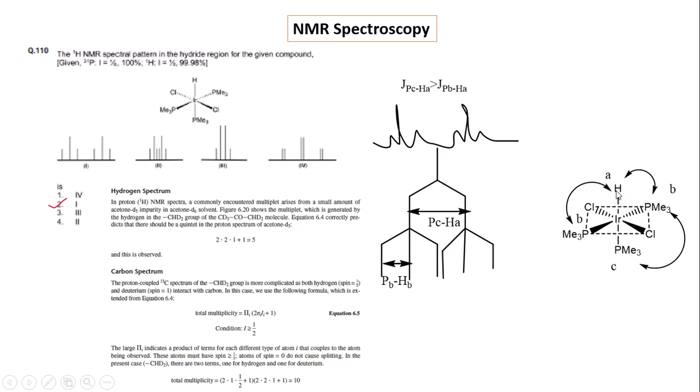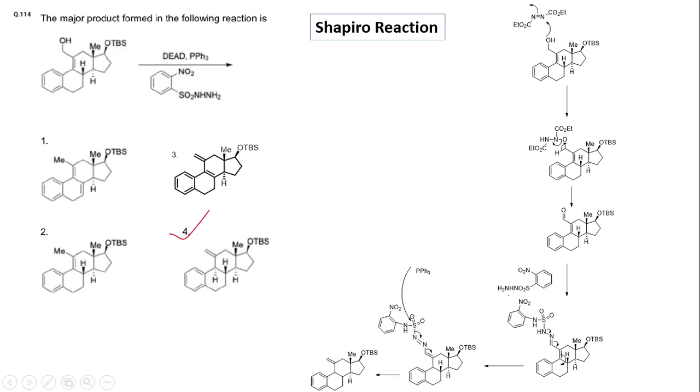Always the higher coupling constant splits first, then subsequently the lower coupling constant. Here the angle between HA and PC is 180 degrees, so it splits first as a doublet, and then the angle between HA and HB is 90 degrees, so it splits later, and hence the first is a doublet and the doublet is split into a triplet. So option one is the correct option, that is the doublet of triplets.